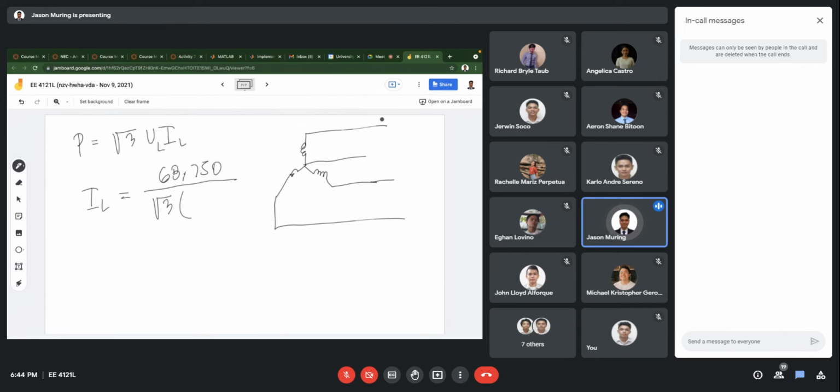So this is 208 and this is the 120. If you want to connect from this phase to this phase, we use this 120. If you have a load with this line-to-line voltage, we use this 208. So therefore we use 208 here.